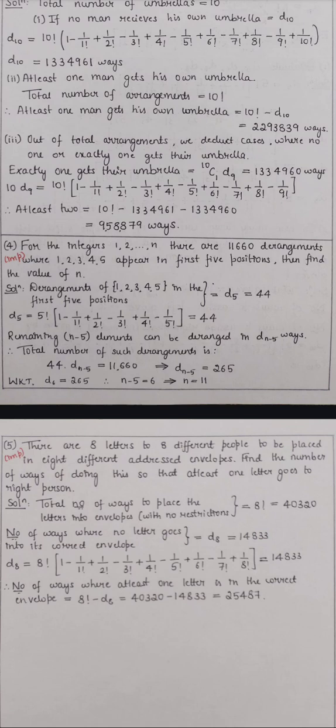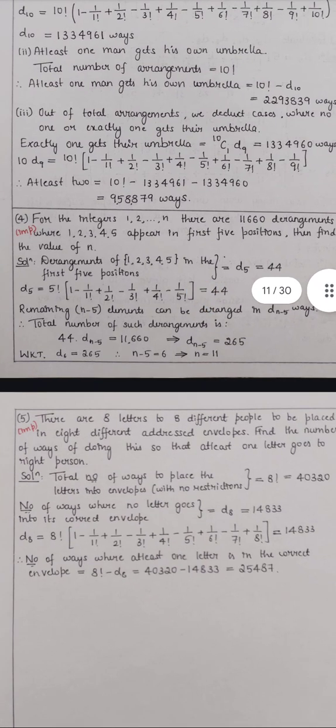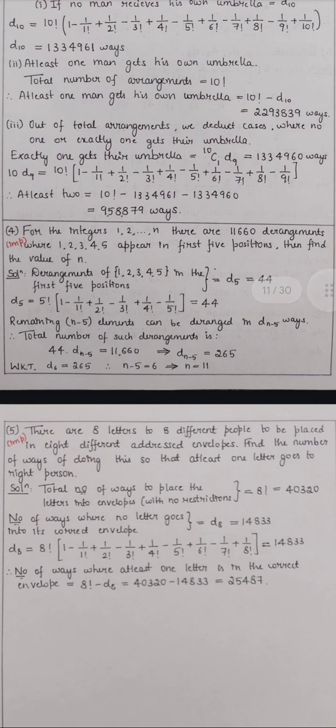We are deducting the case where no one gets their umbrella. Another case is exactly one gets their umbrella. We are deducting these cases. Exactly one gets their umbrella, so that is 10C1 d9.